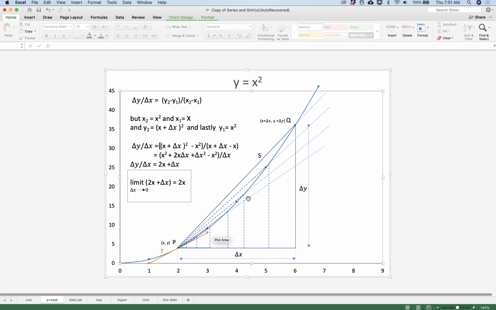It's becoming more parallel than the original hypotenuse that we started out with.